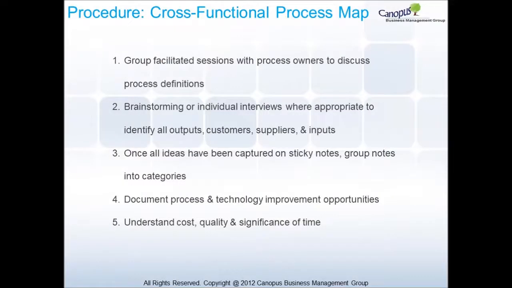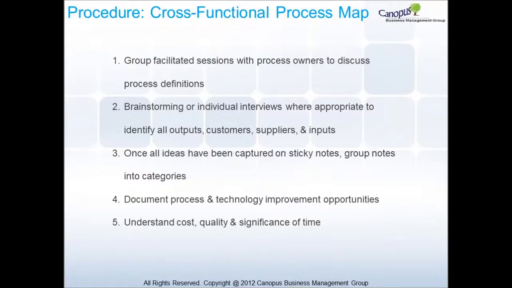To construct a cross-functional process map, initially, use group-facilitated sessions with process owners to discuss process definitions. Then try brainstorming and storyboarding, or individual interviews where appropriate, to identify all the outputs, customers, suppliers, and inputs.